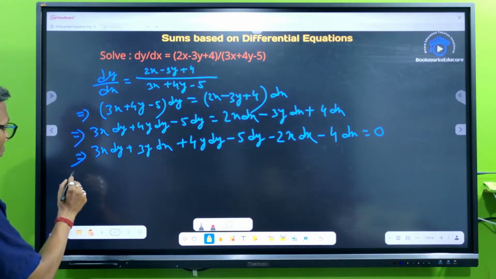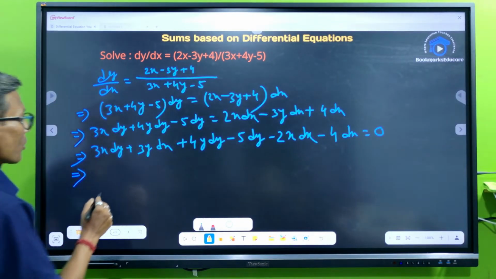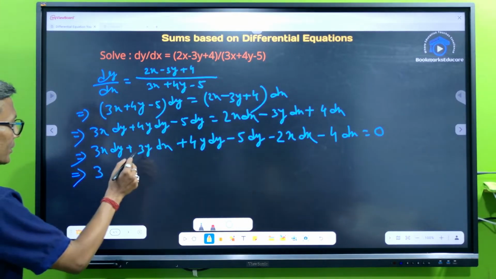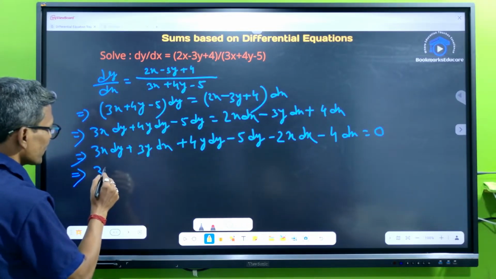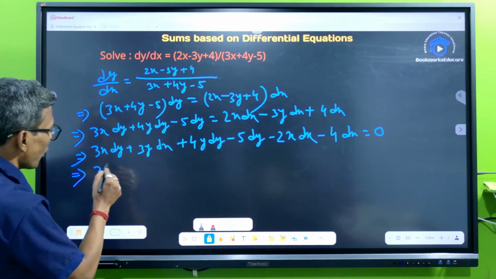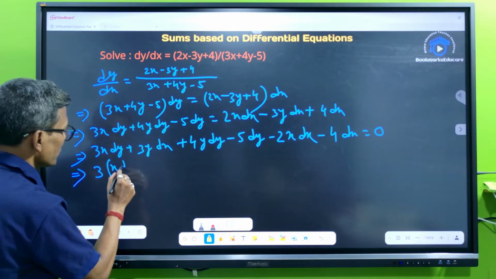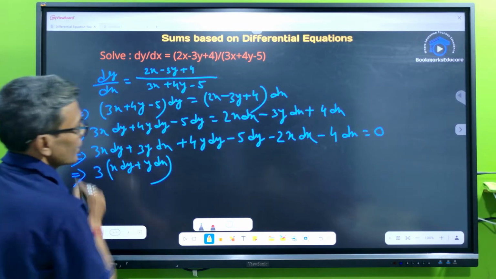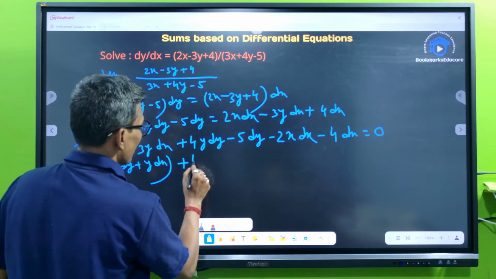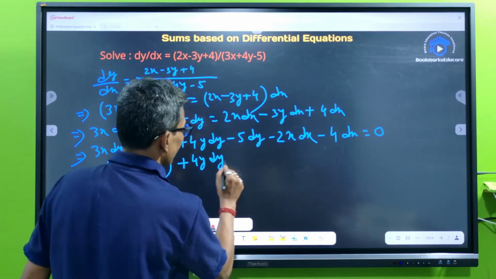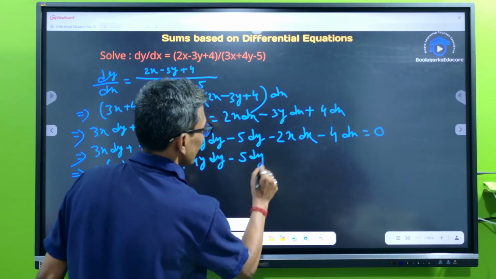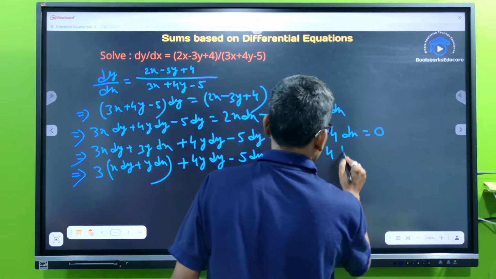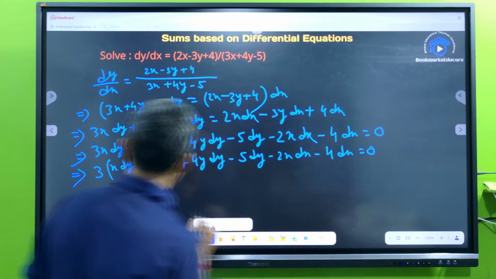So integrating on both sides, first of all, 3 is taken as common, so 3 into (x dy plus y dx) plus 4y dy minus 5 dy minus 2x dx minus 4 dx is equal to 0.